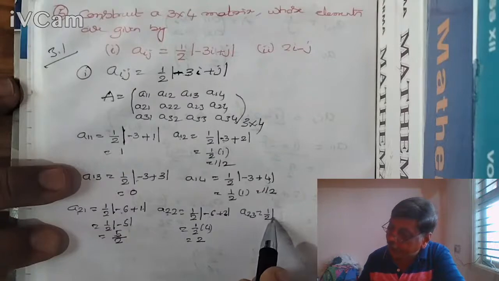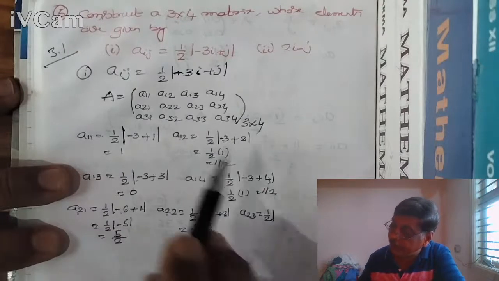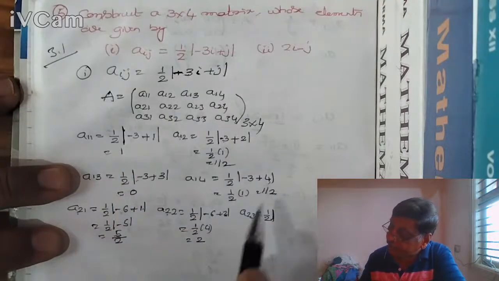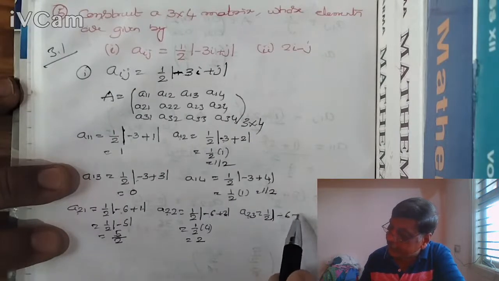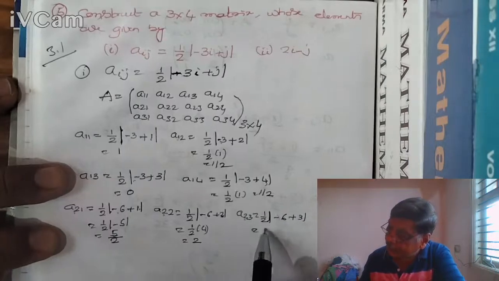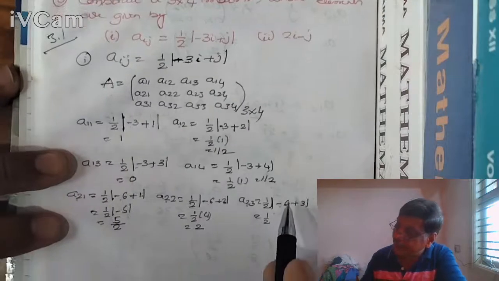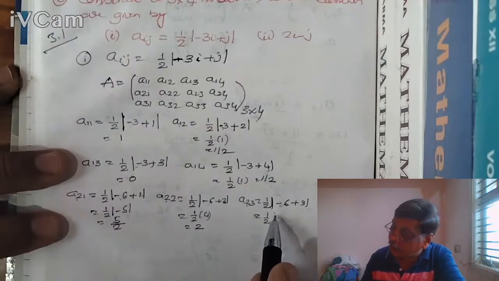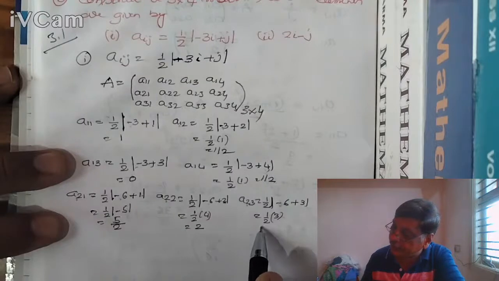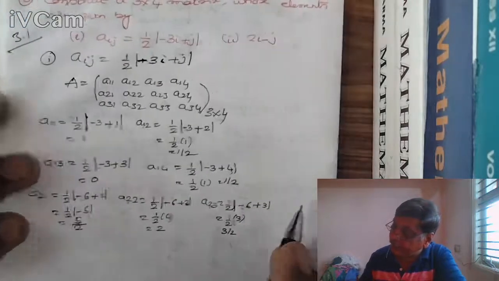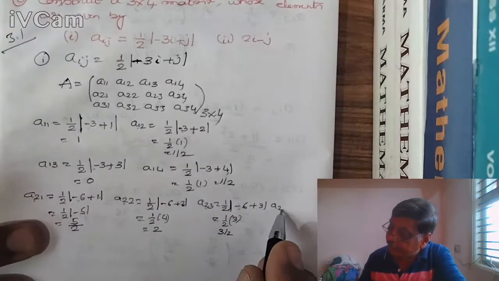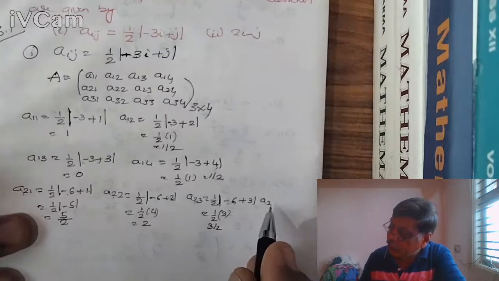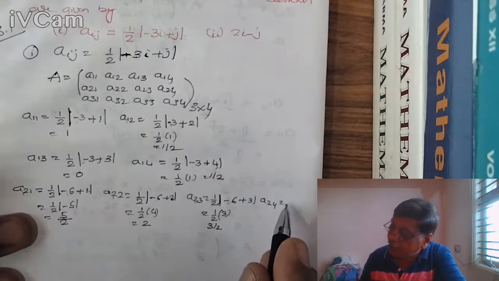Next, A23 is half into modulus of, i is 2, that is minus 6 plus j is 3. That is equal to half into minus 6 plus 3, which is minus 3. After taking it outside, it becomes plus 3. So the answer is 3 by 2. Next is A24.